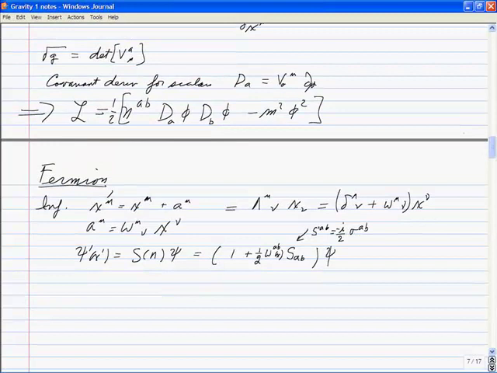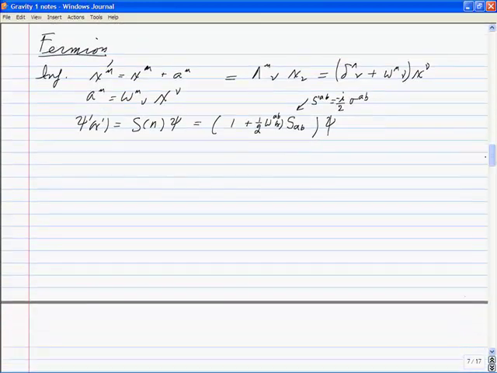The gamma matrix doesn't transform the same way as the derivative does. Okay, it's just a matrix. So I'll carry those along as a separate transformation, as a Latin index.